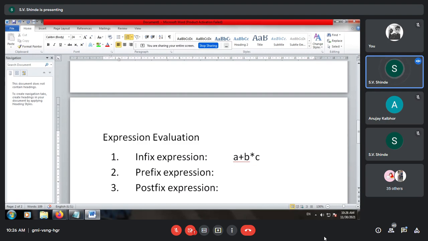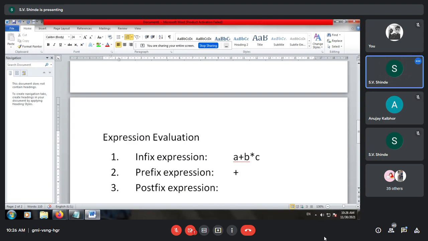Now let us see the prefix evaluation of it. Over here we first have to see which symbol comes first. Scan your infix expression from left to right. The first symbol is plus, and the second is the multiplication sign.